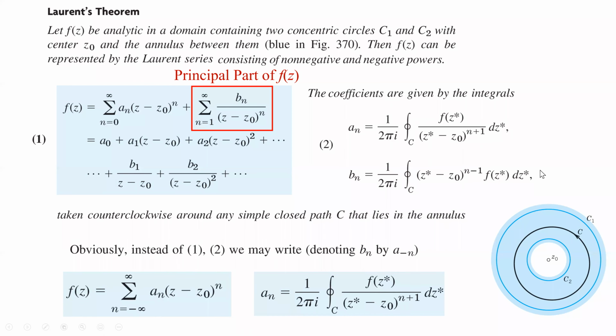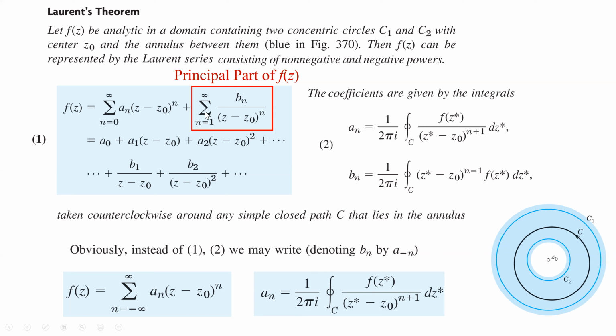But the main point to highlight here is when n is equal to 1 for b_n, then we have z minus z naught to the power 0, so this goes away. And then we have the integral over a closed simple path C of f(z) dz. And that enables us to evaluate that integral, if we have the Laurent expansion or Laurent series, to write the integral of f(z) dz equal to 2 pi i times b_1 when n is equal to 1.